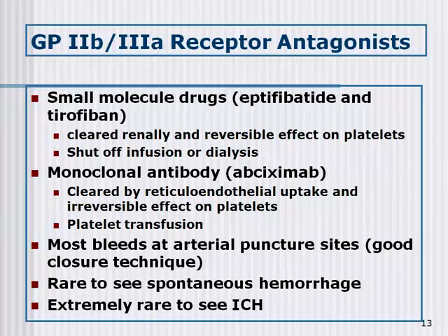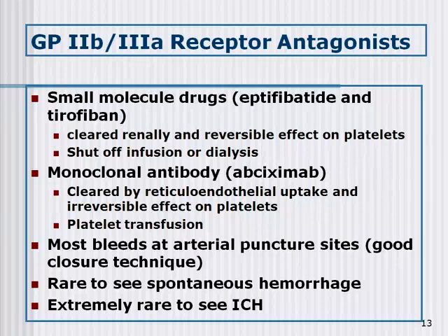Two of them we call small molecule drugs, eptifibatide and tirofiban. They differ clinically from abciximab, which is a monoclonal antibody, a huge molecule, hence the reason we call eptifibatide and tirofiban small molecule drugs.